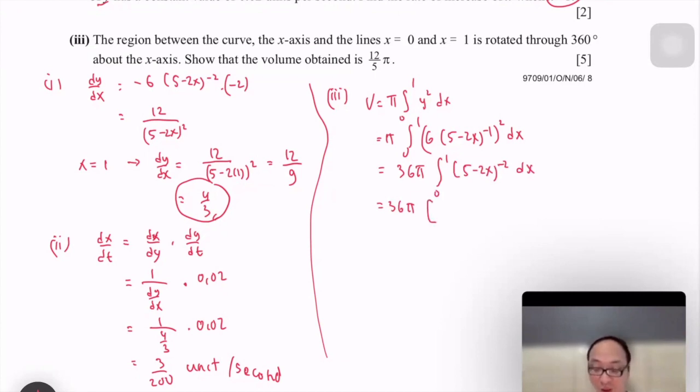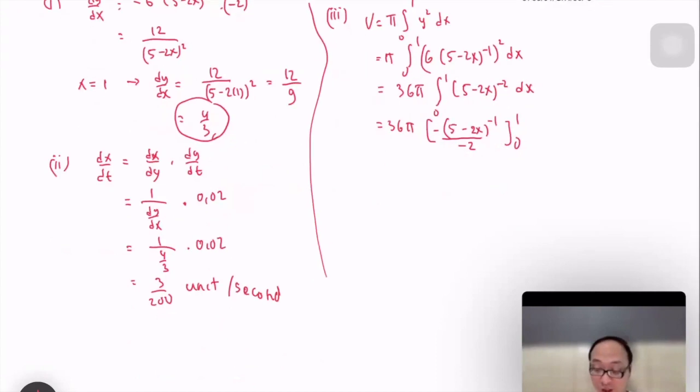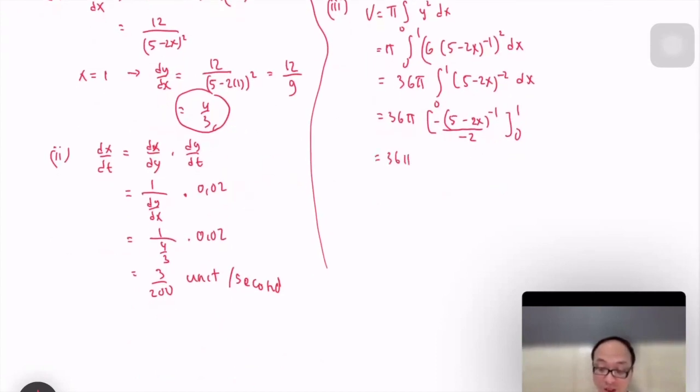So 36 pi. And we have (5 minus 2x) to the power of negative 1, so it's divided by negative 1, and then divided by negative 2, from 0 to 1. So it equals 36 pi, I put the half to the front, so it's 1/2, and then I have 1 over (5 minus 2x) from 0 to 1.